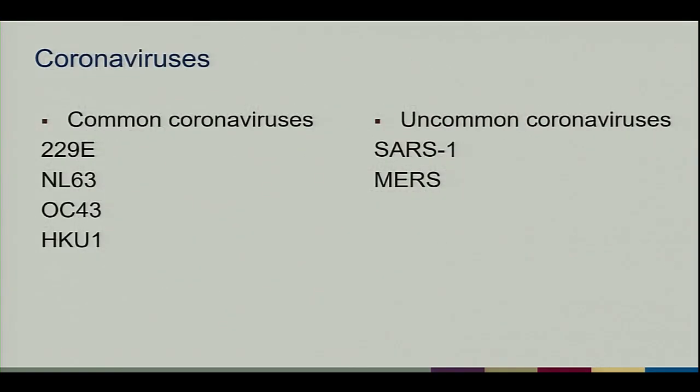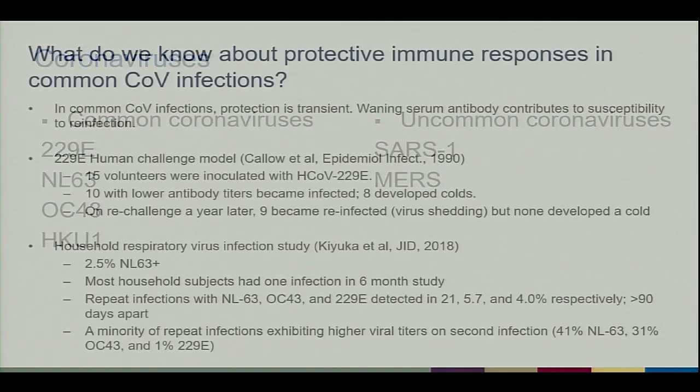Okay, John already talked about the different kinds of coronaviruses, but broadly they can be divided into common coronaviruses, which cause colds: 229E, NL63, OC43, and HKU1, and then the uncommon coronaviruses, SARS-1, which of course is not circulating anymore, and MERS, which is circulating but in a very limited form. Next slide.